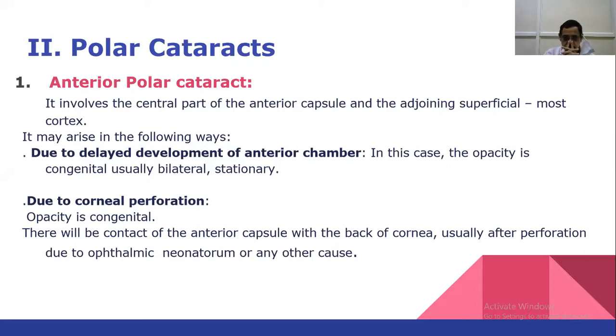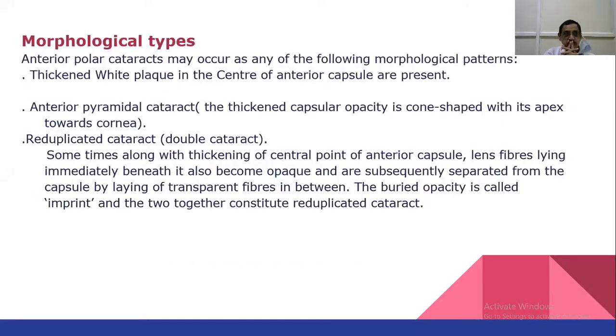Due to corneal perforation, the opacity is congenital and there will be contact of the anterior capsule with the back of the cornea, because the lens is present behind the cornea. So it includes contact between the anterior capsule and the back of the cornea, usually after perforation due to ophthalmia neonatorum or any other cause.